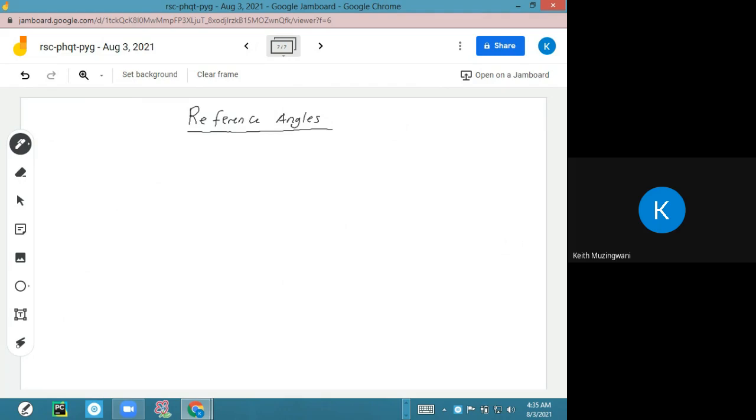So what is the reference angle? Reference angles are angles that lie in the first quadrant.